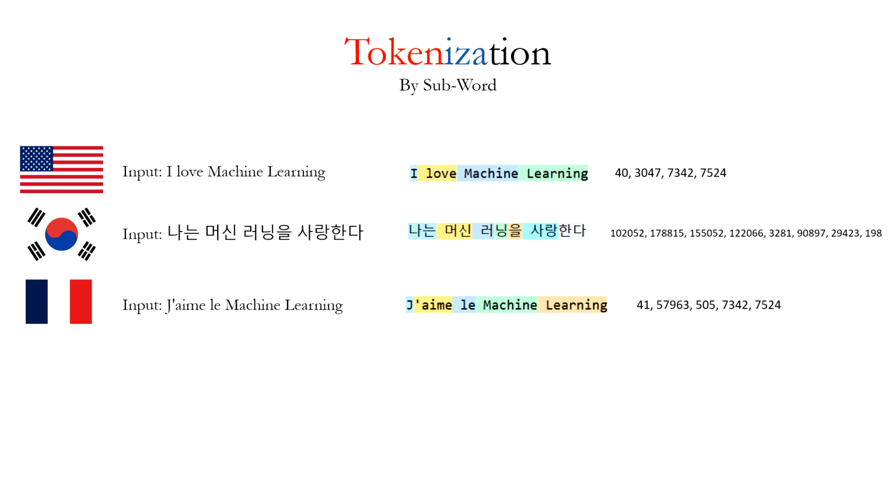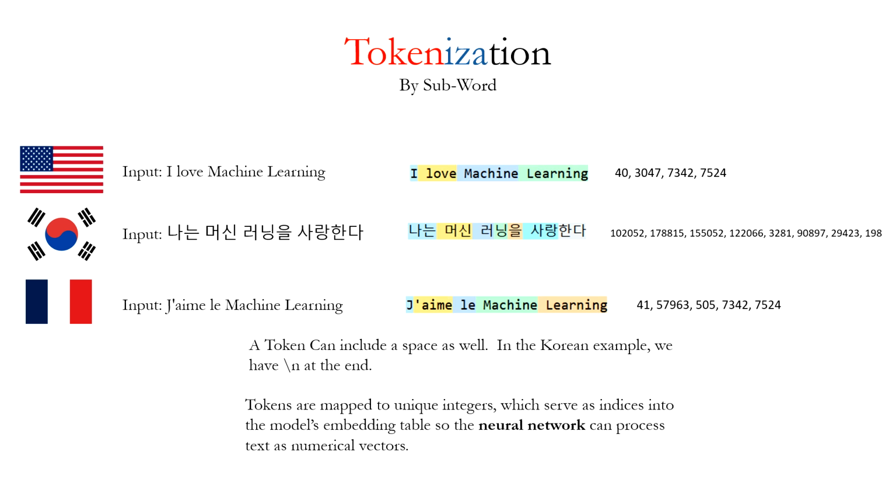I think for this, I used GPT-2 in the Vercel tokenizer app, which I'll give you the address to in a little bit. A token can include a space as well. In the Korean example, we do have a space at the end, okay. And tokens are mapped, like you saw earlier, to unique integers, which serve as indices into the model's embedding table, so the neural network or transformer can process text as numerical vectors.